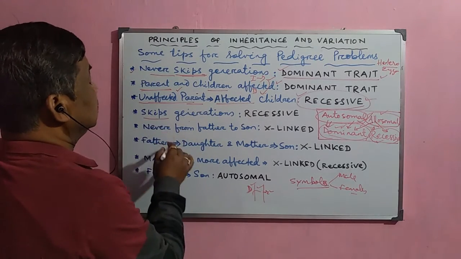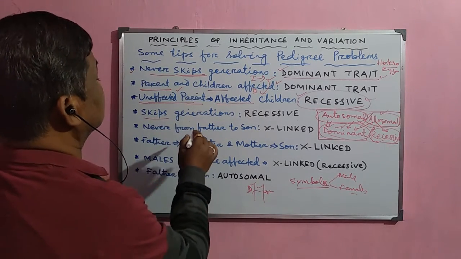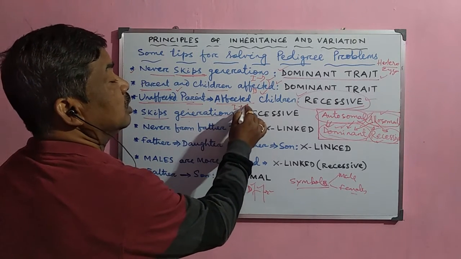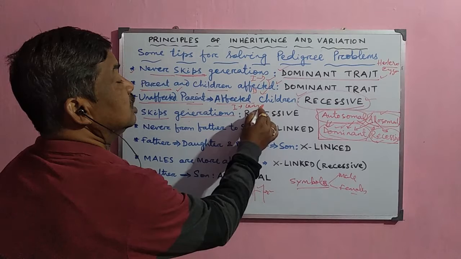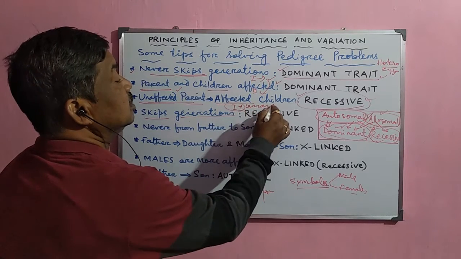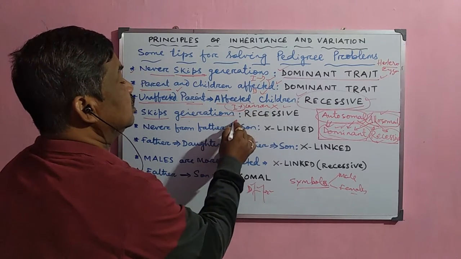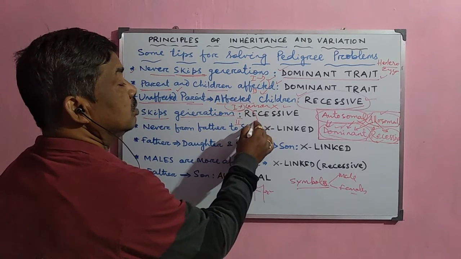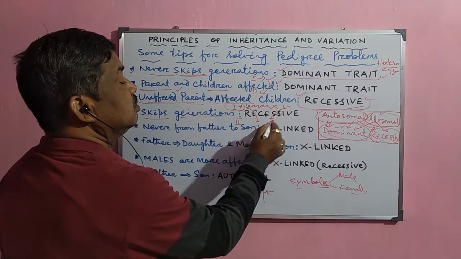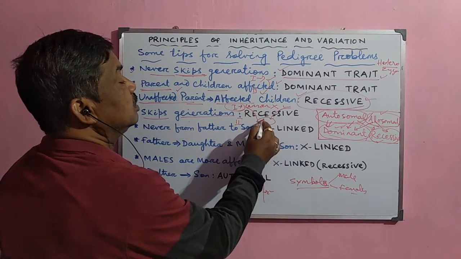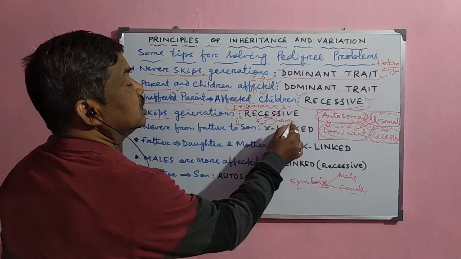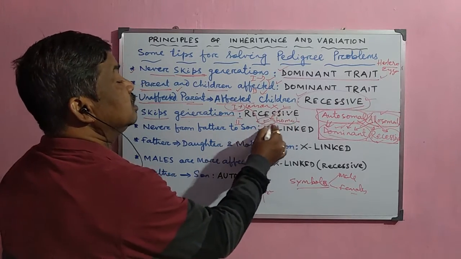Now, a recessive trait skips generations. Suppose in one generation there is no disease, but they are carriers. In the second generation, one carrier gives one gene and another carrier gives one gene, so it will be double recessive, or homozygous recessive, and automatically it will be expressed.